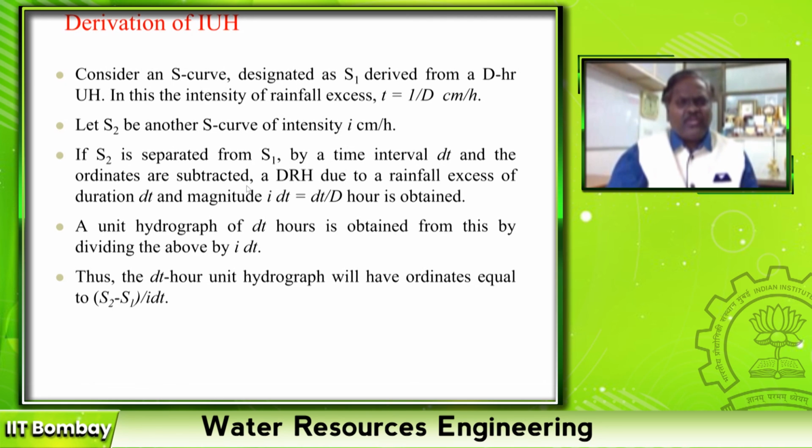This is same as what we did for S curve technique, and then divide it by dt by D hours. Altogether it says that the slope of the S curve will give you the instantaneous unit hydrograph. This is a graphical method.